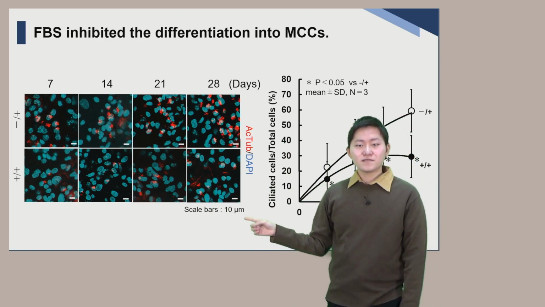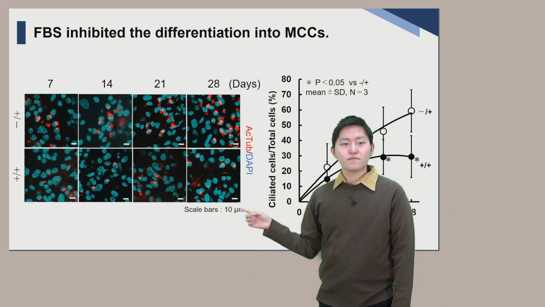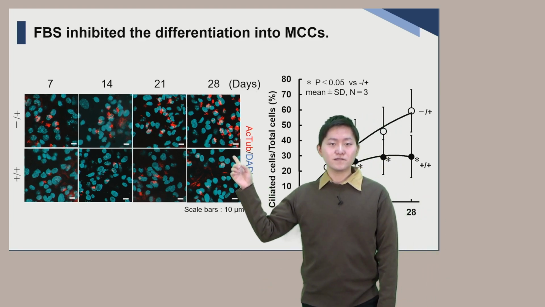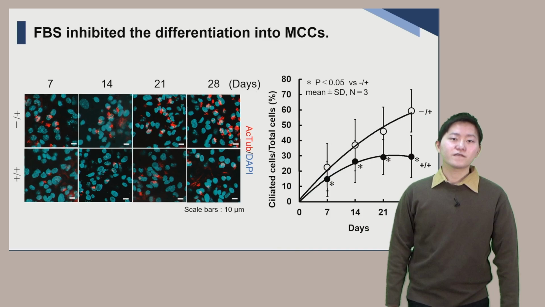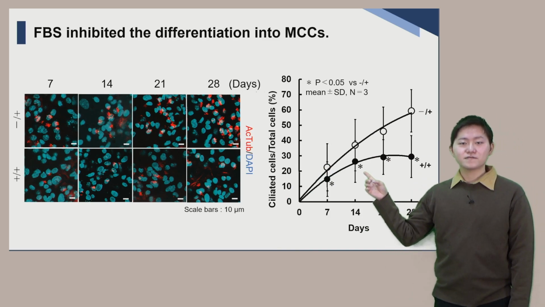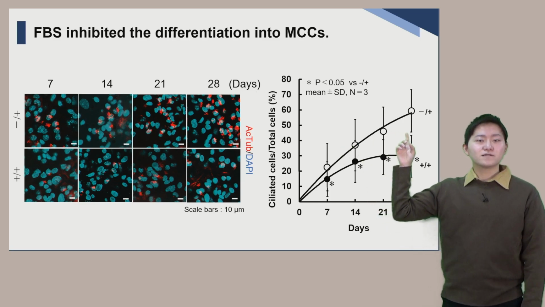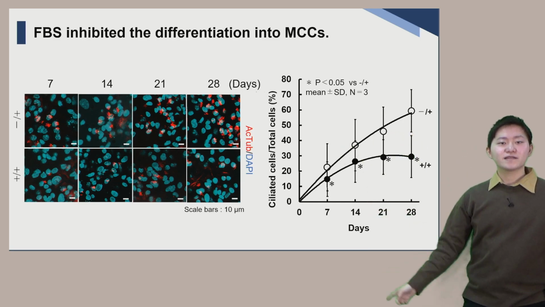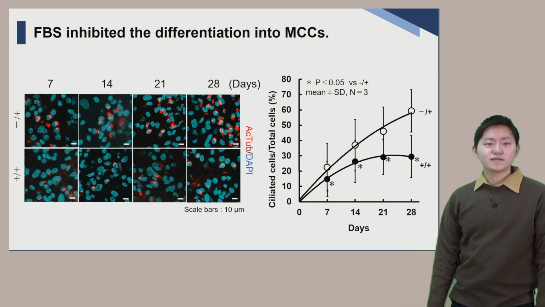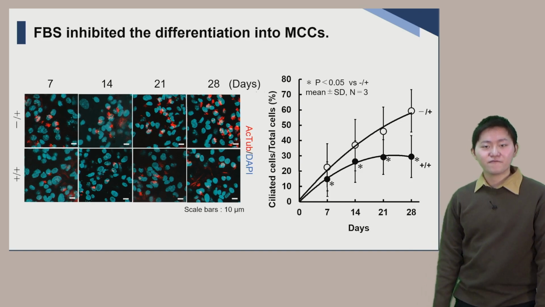In the plus plus conditions, it also increased, but the number of ciliated cells was lower than that of the minus plus conditions. Furthermore, in the minus plus conditions, the percentage of ciliated cells was about 60% at 28 days. However, in the plus plus condition, the percentage of ciliated cells was significantly lower.